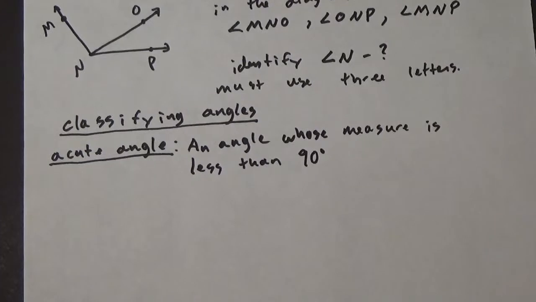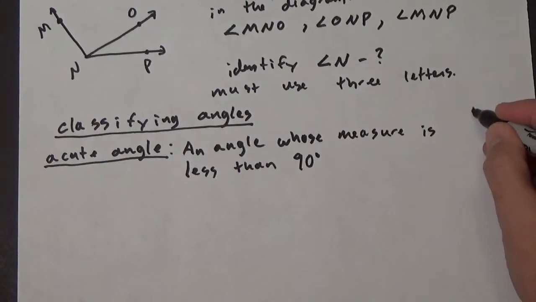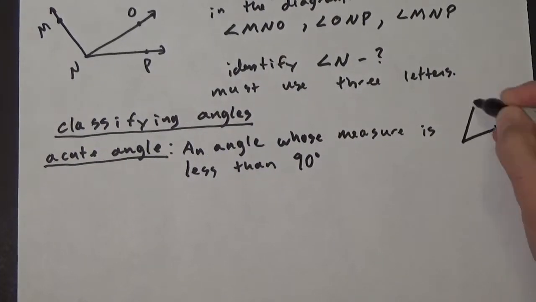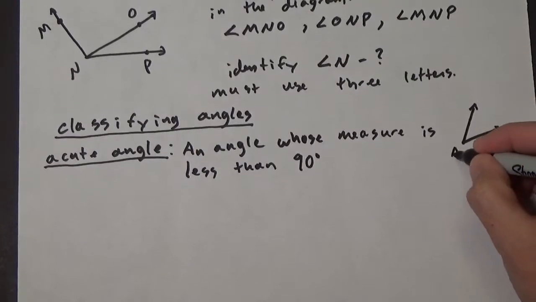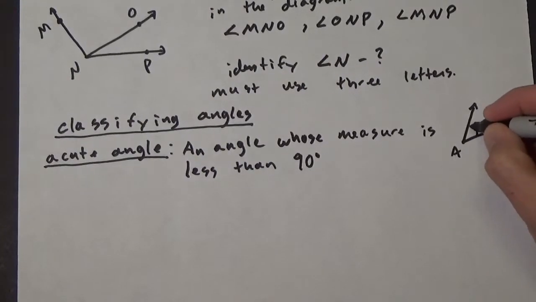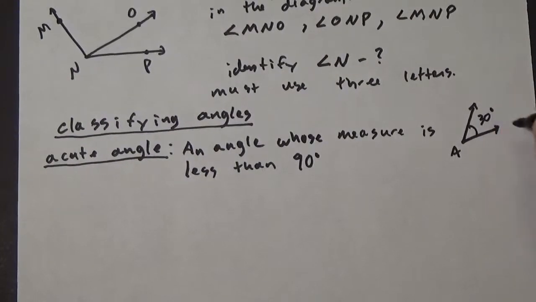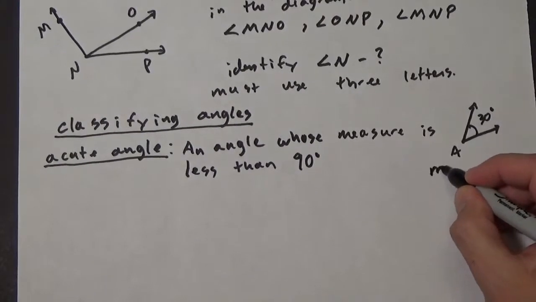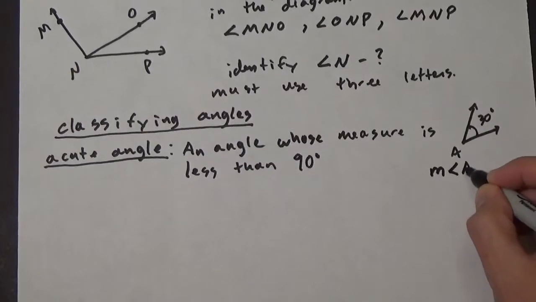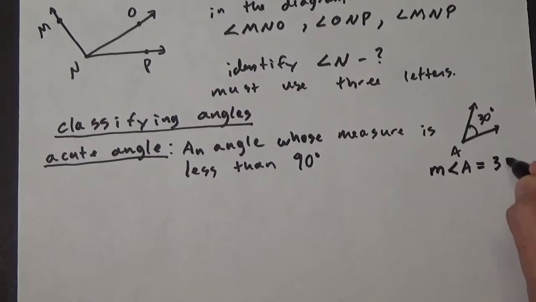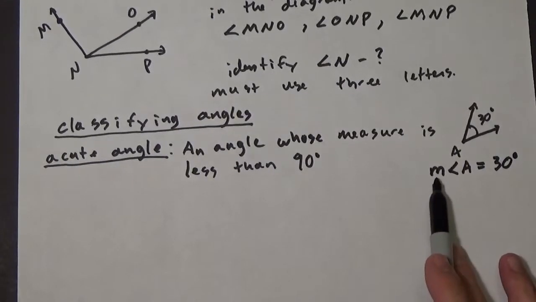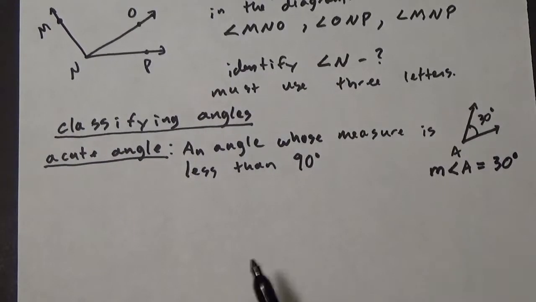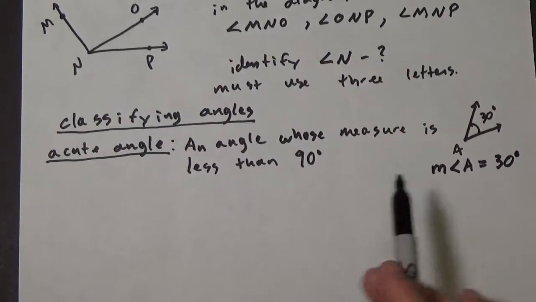For example, let's say this were angle A, and from here to here was 30 degrees. We could say the measure of angle A equals 30 degrees. Notice how we write that out. We have the measure of angle A equals 30 degrees. And that's what that little m stands for.